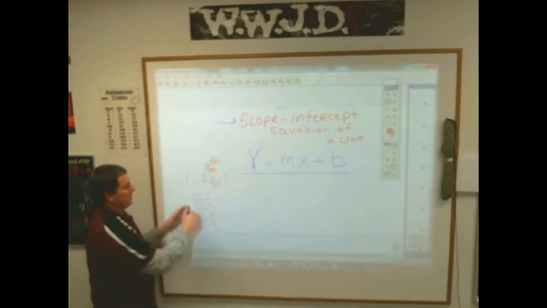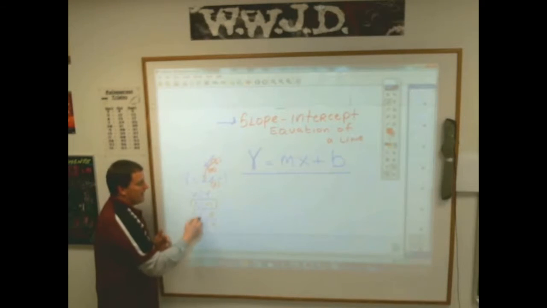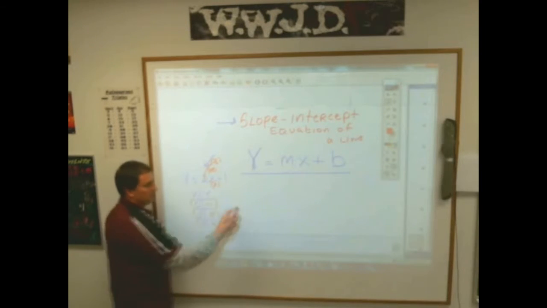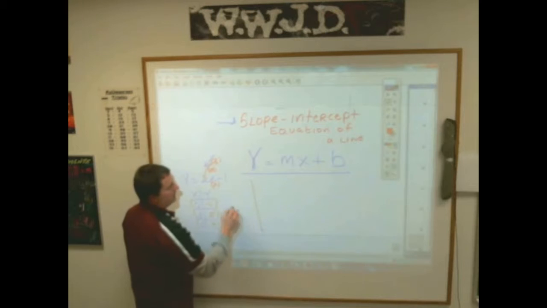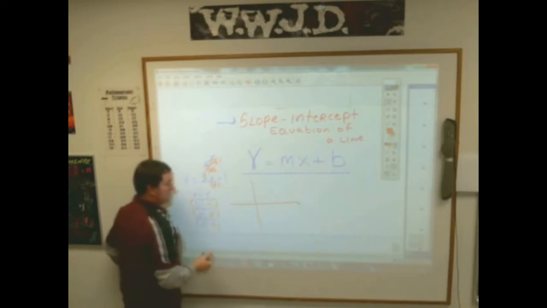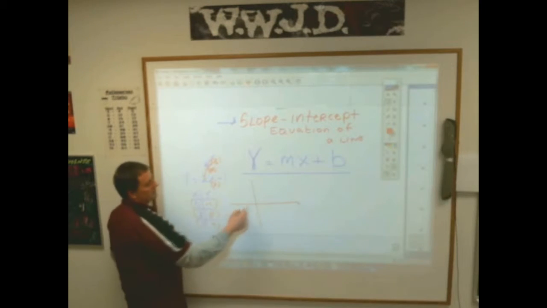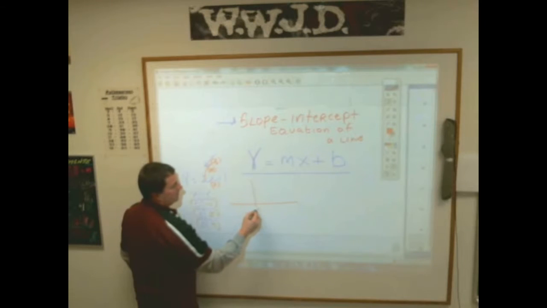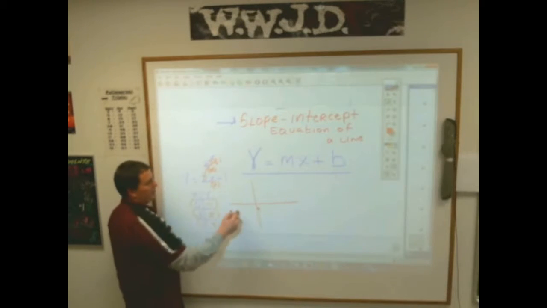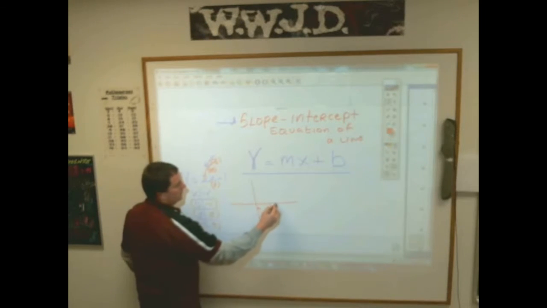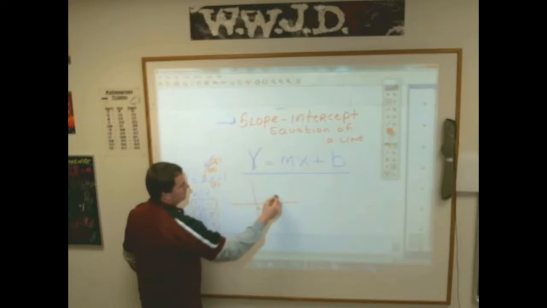And then I would take these x and y points and on a graph, a coordinate system in the math world, at 0, -1, I put a point. At 3, 5, I put a point.